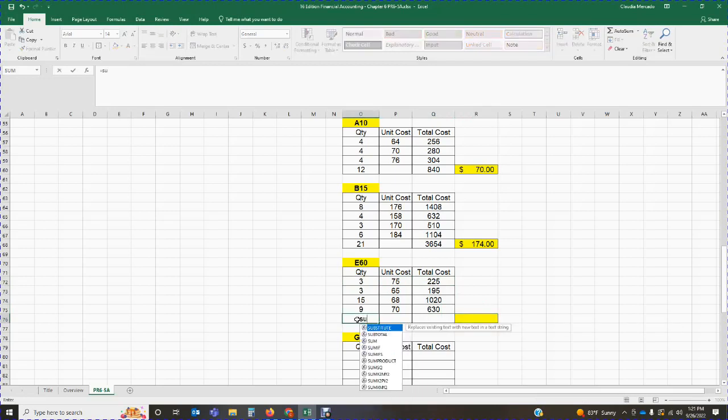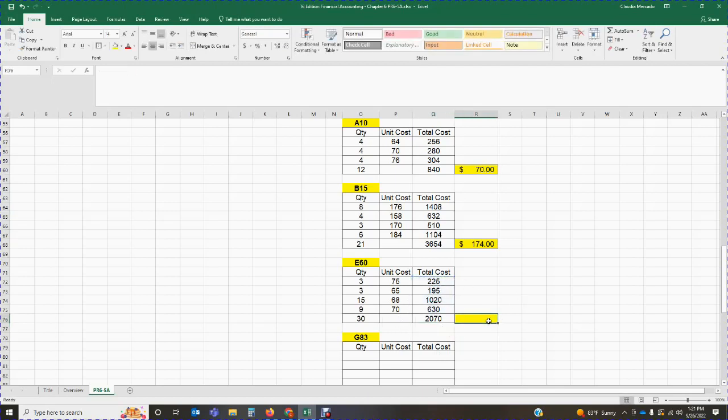How many units did we purchase during the year? We purchased 30 units, and the total cost for those 30 units was $2,070.